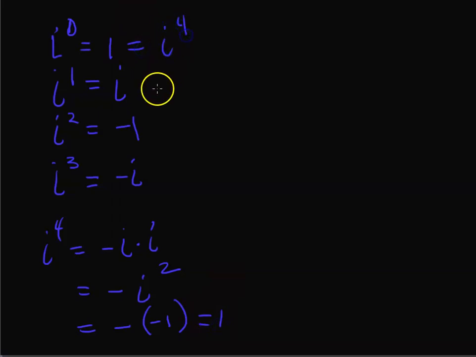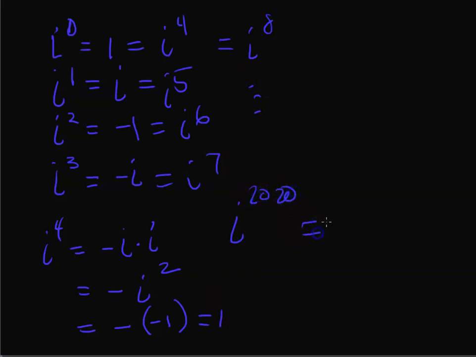i to the 4th, i to the 5th, i to the 6th, i to the 7th, and then you move back up, i to the 8th, etc. So what is i to the 2020 power? Well, all you need to do is find out the multiple of 4 it is.